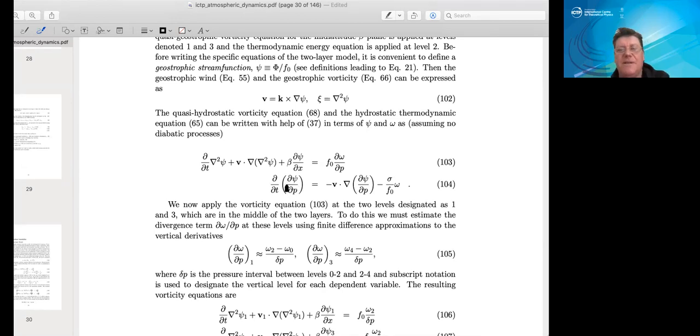But in principle, this set of two equations is closed in the sense that we have two variables now, psi and omega, and we have two equations. So the momentum equation, expressed here in terms of just its vorticity, and the thermodynamic equation provide us, again in this quasi-geostrophic formulation, a closed set of equations.